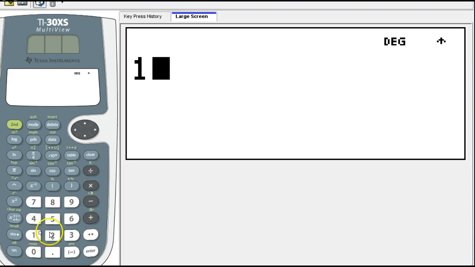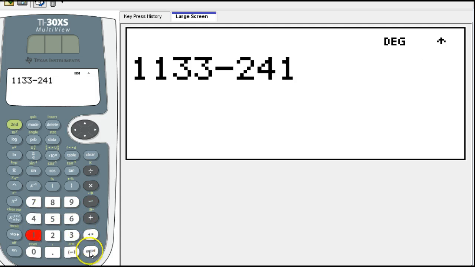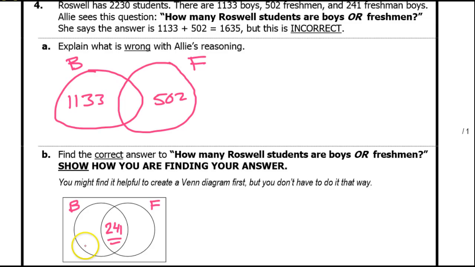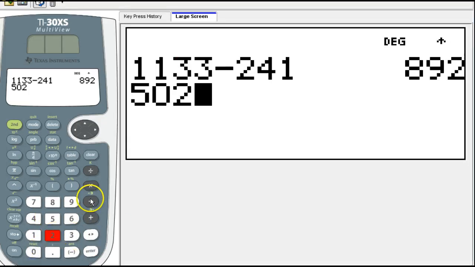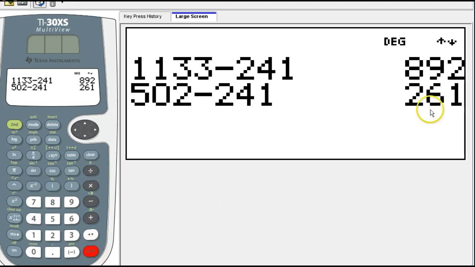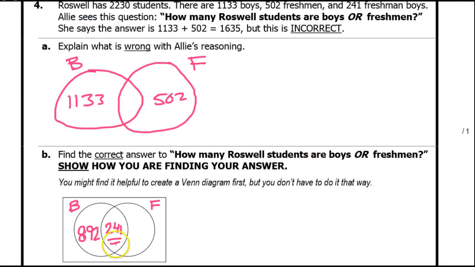So let's see, what is 1,133 minus 241? That's 892. And she should have subtracted that from 502 as well. So 502 minus 241. That's 261. Okay.